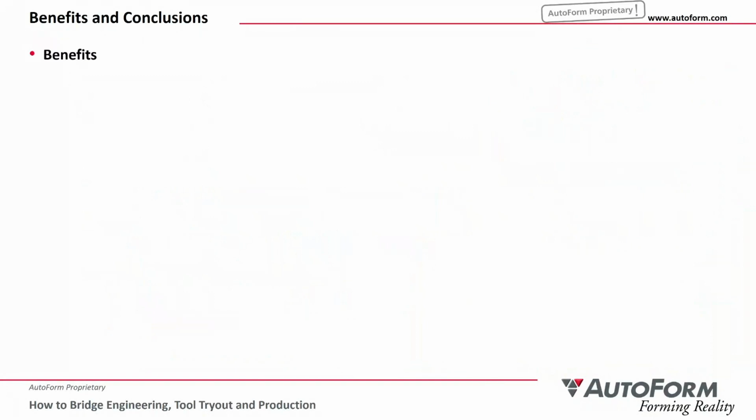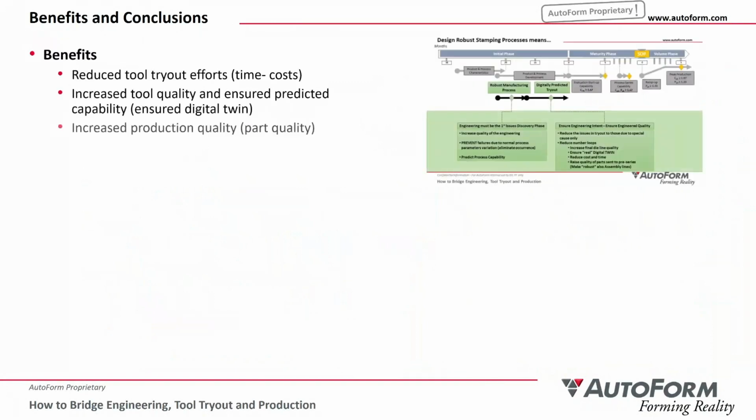Well, the benefits are multiple, are several. We can mention, of course, the reduction of the tool tryout efforts in terms of time, in terms of cost, in terms of loops, basically. Increased tool quality, the quality of the tool that you send downstream to the production plant. And consequently, you increase the production quality, you reduce the scrap rate and the unplanned downtime in production, and you reduce the overall lead time.